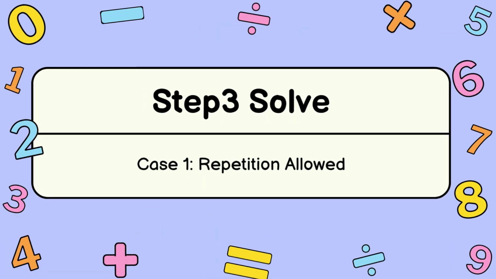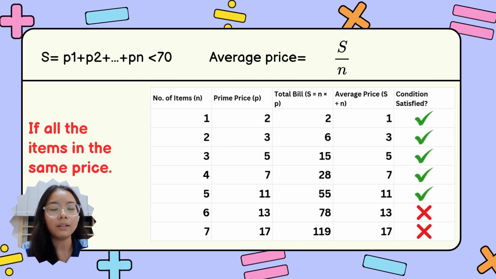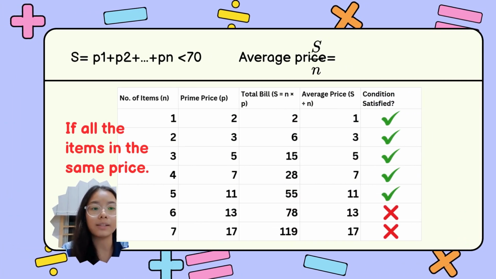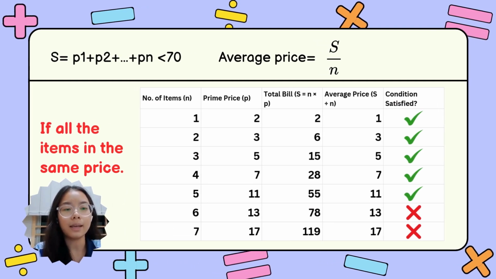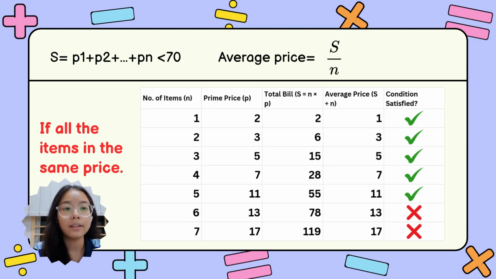Case 1, repetition allowed. Now, if all the items are at the same price, you can see the table that I have shown in the slide. The first column represents the number of items, the second column is the prime price, the third column is the total bill, the fourth column is the average price, and the last column is whether the condition is satisfied.